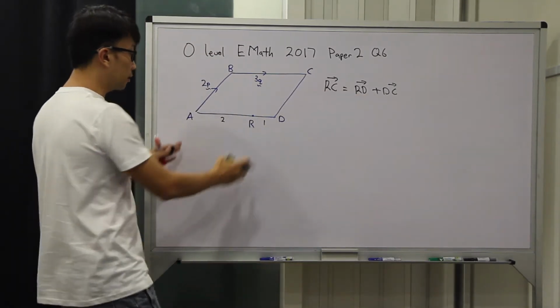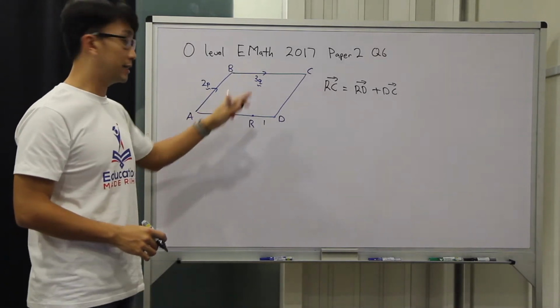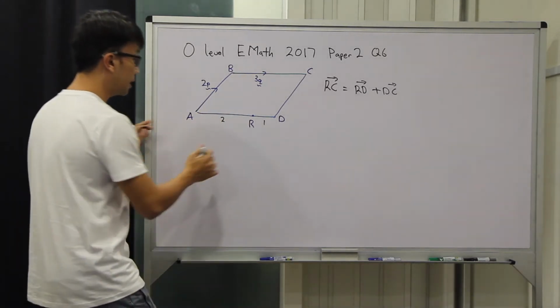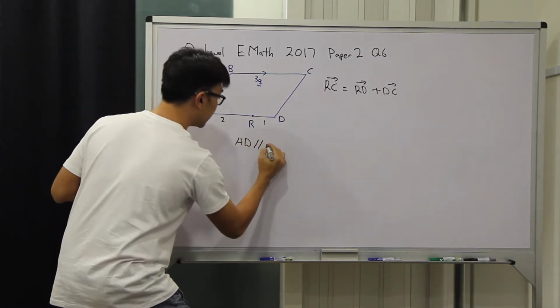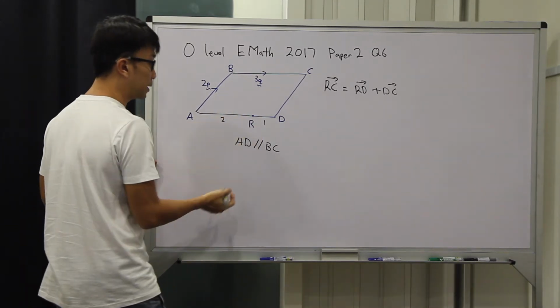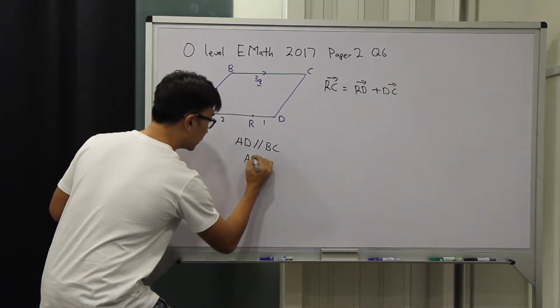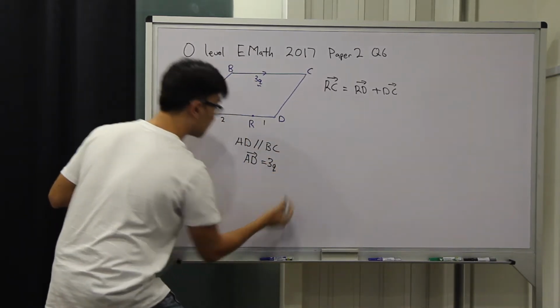RD is part of AD. And since the question mentioned that ABCD is a parallelogram, AD is parallel to BC, and AD will also be equal to BC.